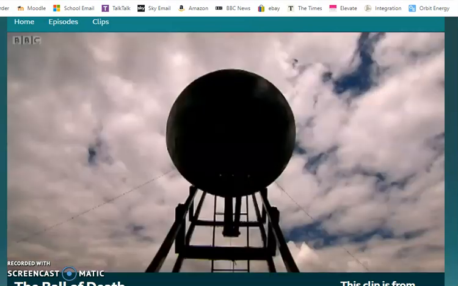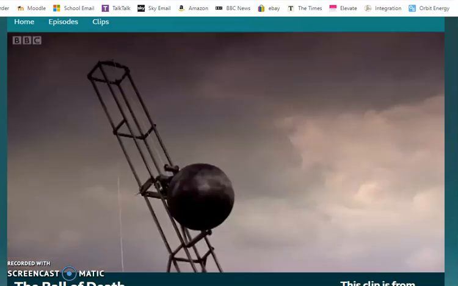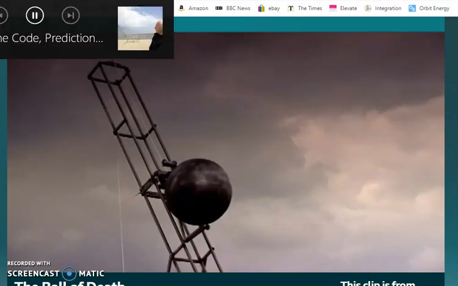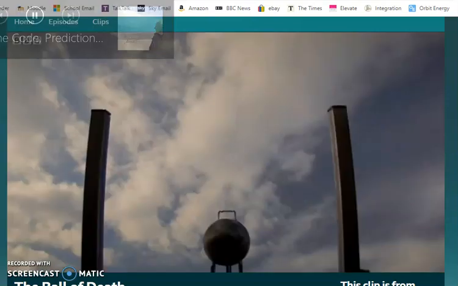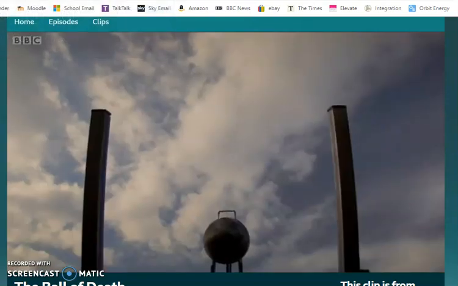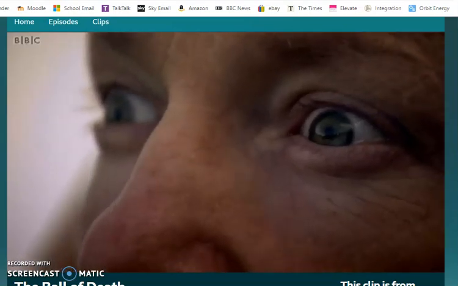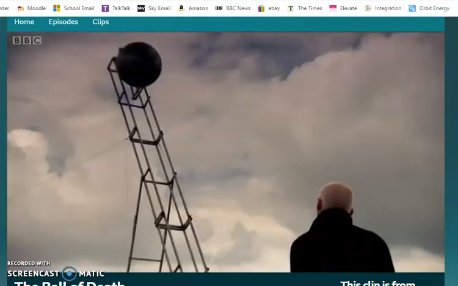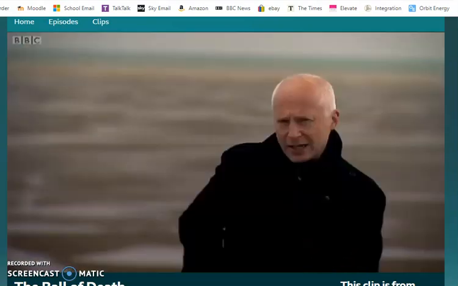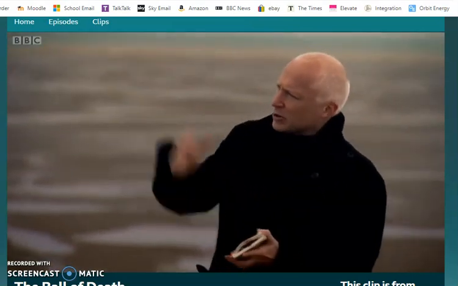It is high. Using the force of gravity, a 30-kilogram ball will hurtle down the ramp and fire off the end. And when it does, I will be sitting directly in its path. If I get my sums wrong, I'll be killed outright. To calculate how far the ball is going to go, I need some key measurements about the ramp.